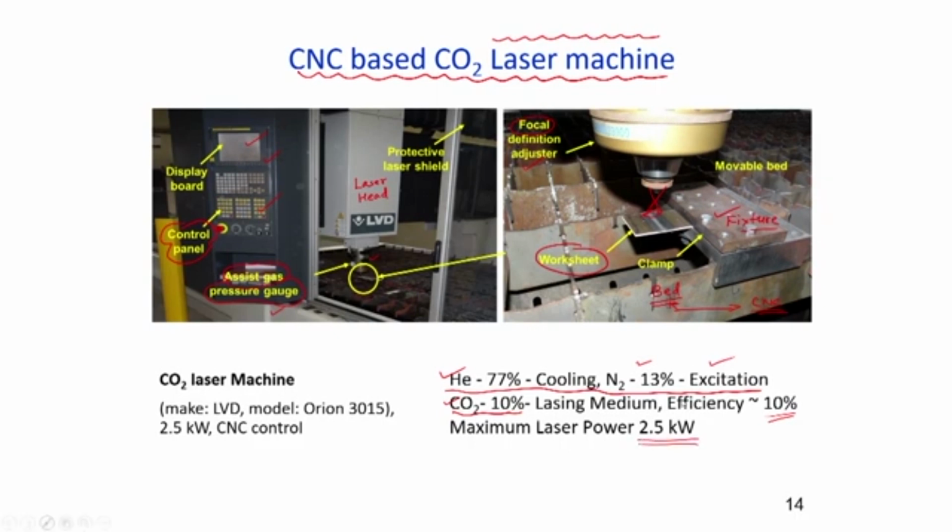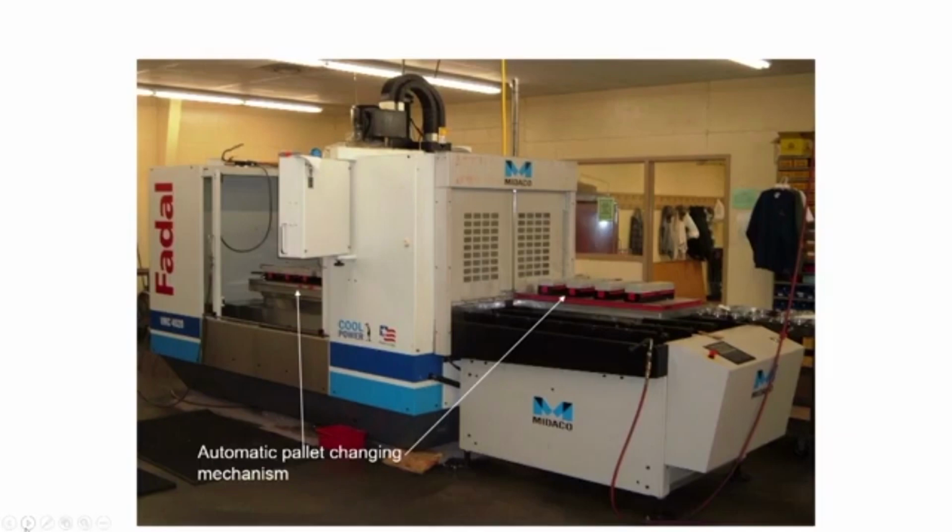Once the CNC has processed this first set of pallet, it would be removed, and then the second set would be fed to the machine tool unit. So, this will save a lot of our time.